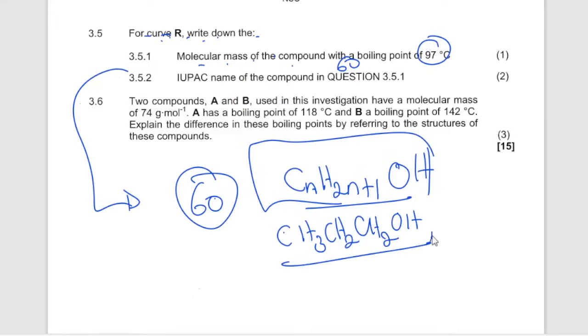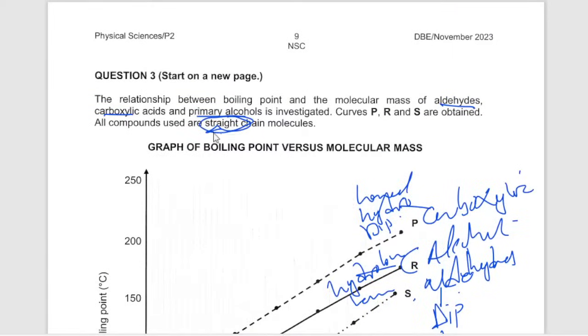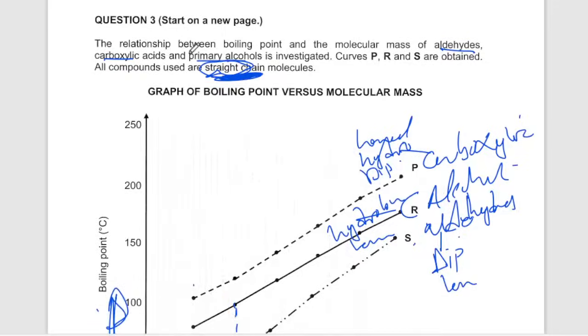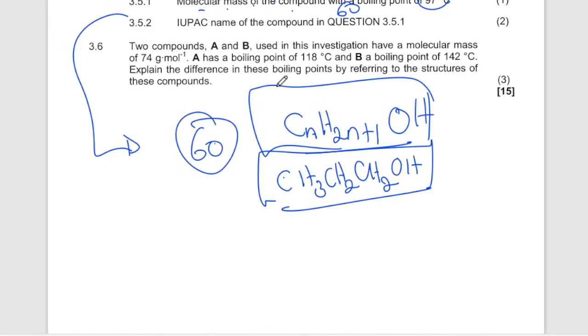Why this? Why not branched? Why not a secondary alcohol? Because here at the beginning they said these are straight chain molecules, so it is not branched.